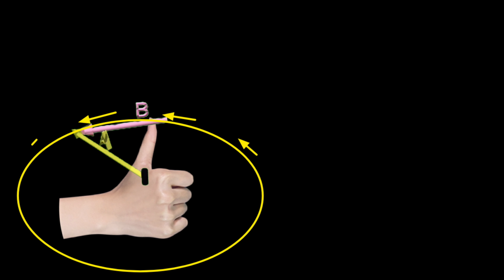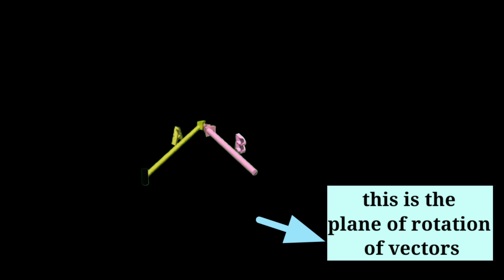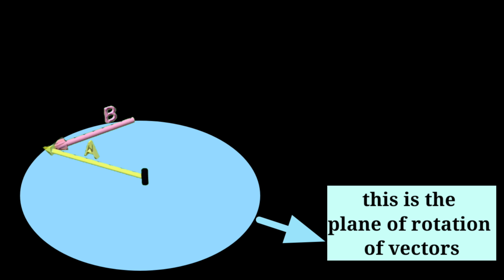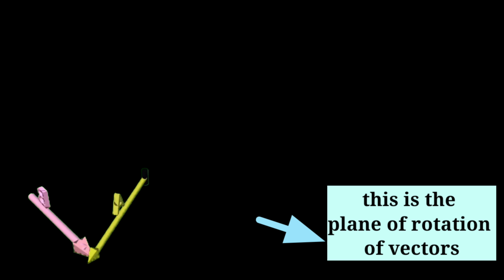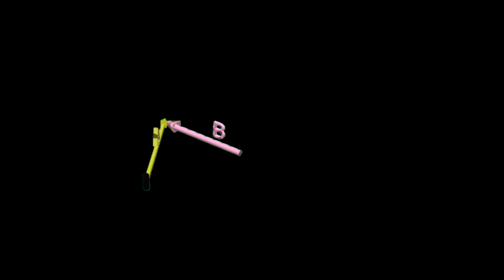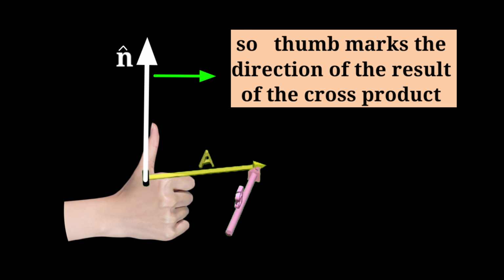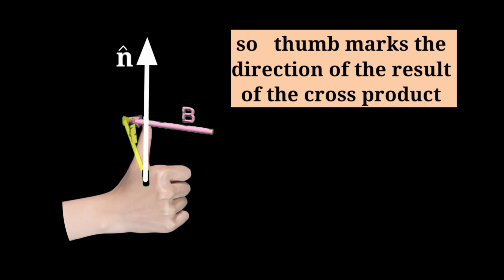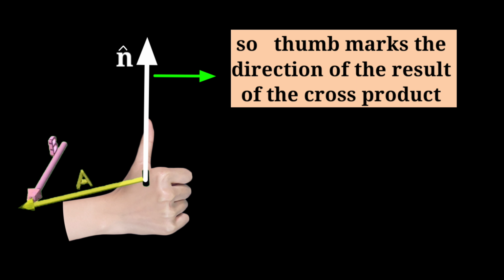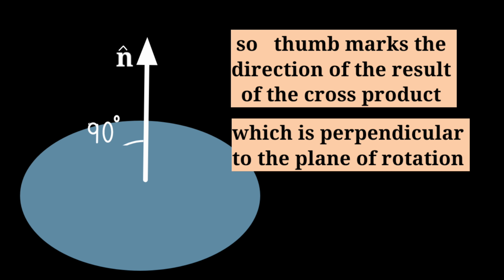The rotation will be this way, shown by the blinking surface. According to the right hand, the white arrow denotes the direction of the cross product, which is perpendicular to the plane of rotation.